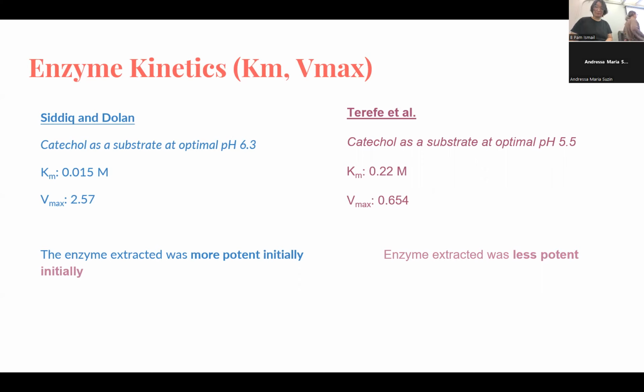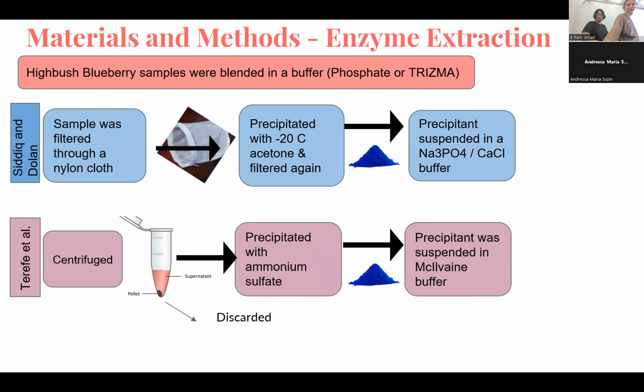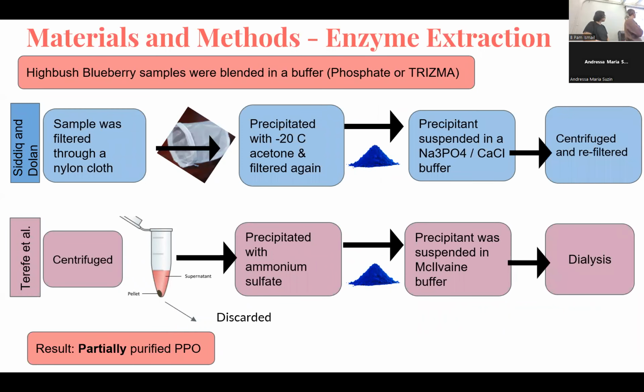Maybe it was either the buffer that they used or the fact they used dialysis. I actually think they affected it. I'm not really sure. So that brings me back to my question: did the extraction of that protein impact the very first results?